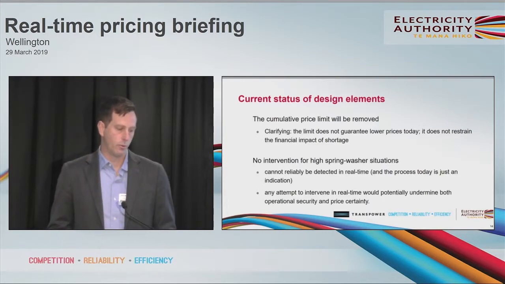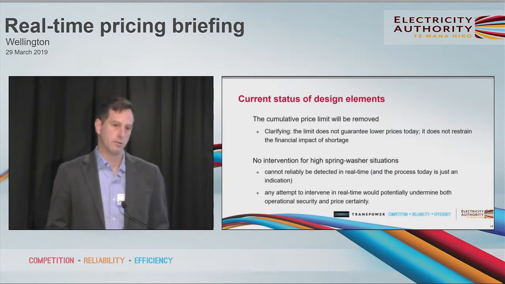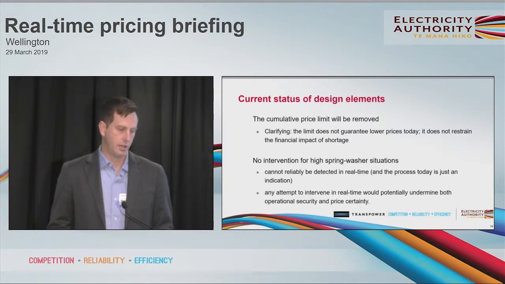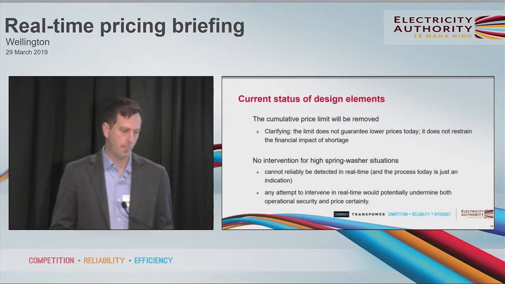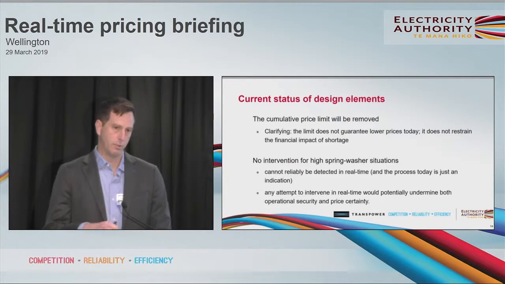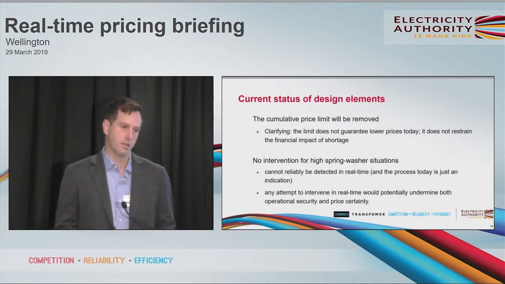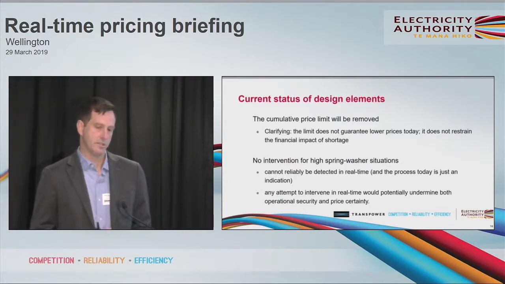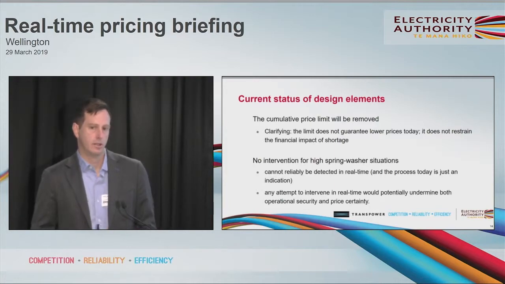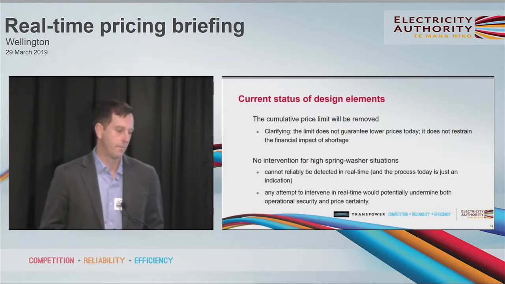One of the things that we worked on with the system operator in detail last year was what, if anything, we could do about high spring washer situations. So there will be no actual intervention for those. The current arrangements would become defunct, because those adjustments to prices after the fact would be replaced by having those default scarcity pricing blocks.